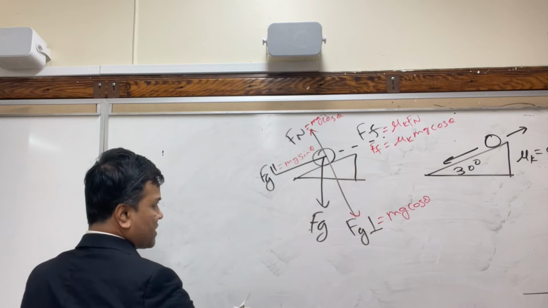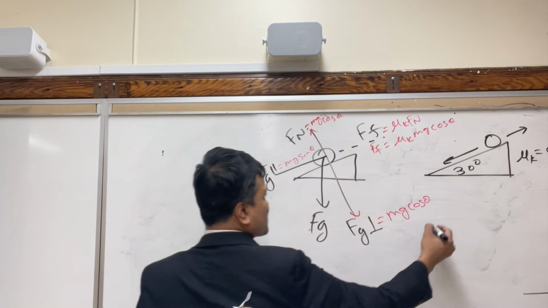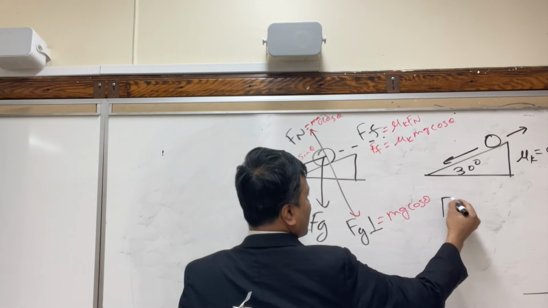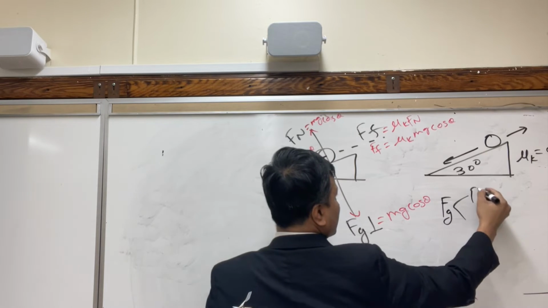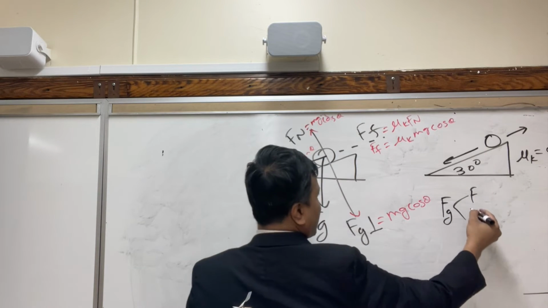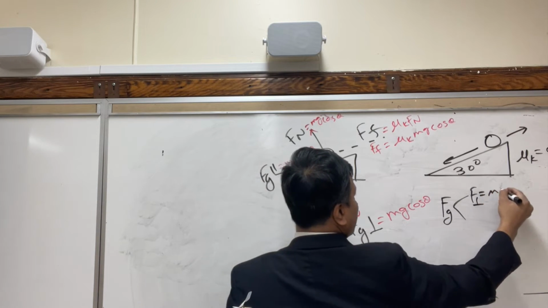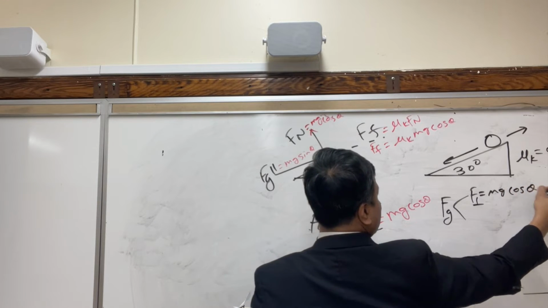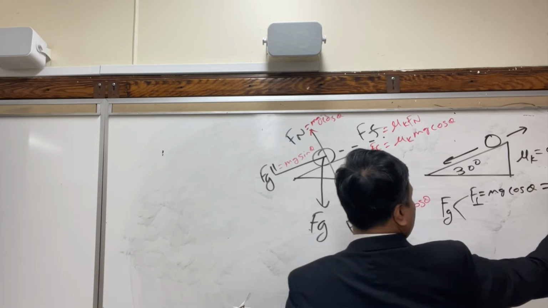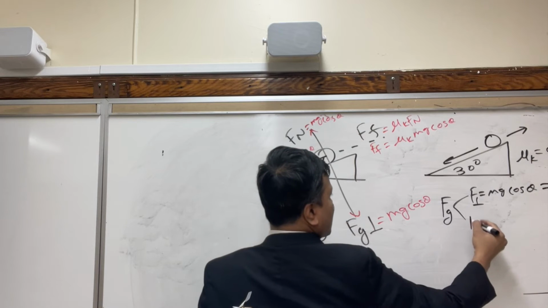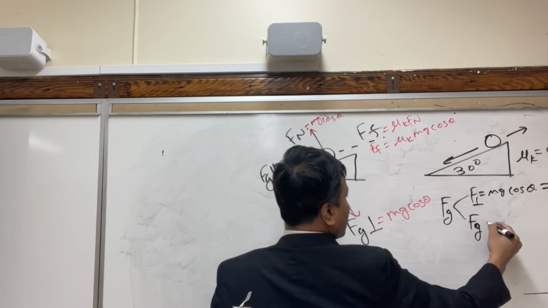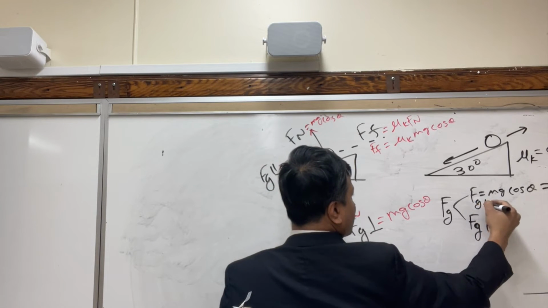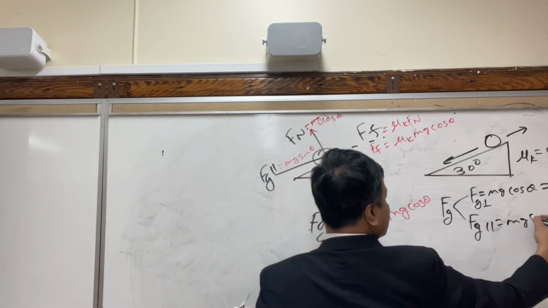Let me put it together nicely so it looks nice. So Fg has two components: Fg perpendicular, which is mg cosine theta, which has another name, Fn, and Fg parallel, mg sine theta.